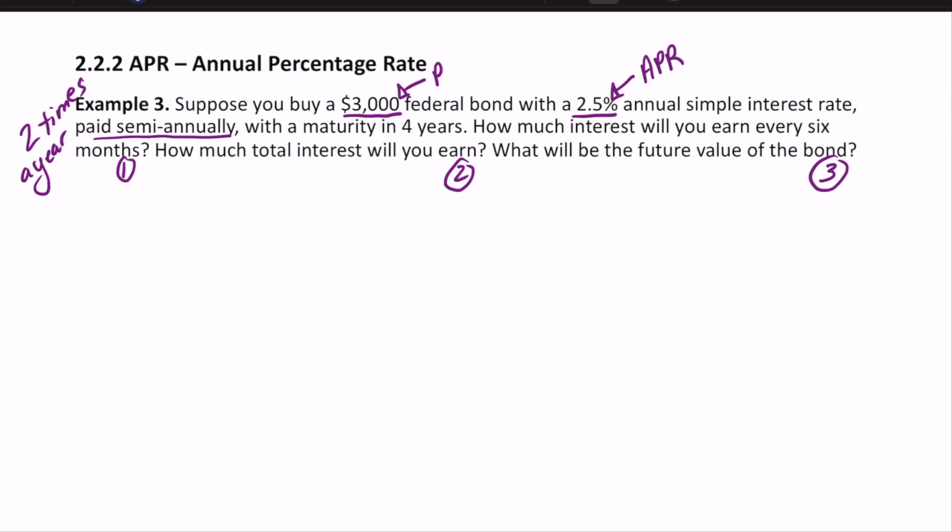I do want to pull out one last thing, which is our T, because we are going to have this bond for 4 years. It takes 4 years for it to fully mature, for us to get the full value of the interest we are owed.